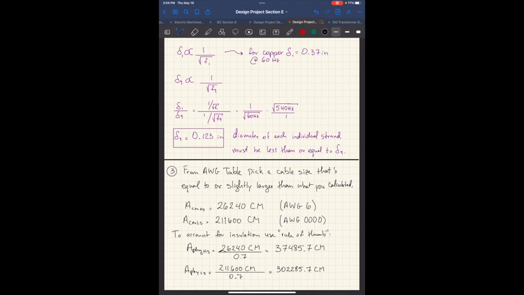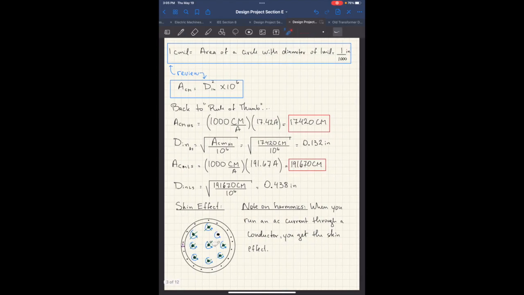Now remember that circular mil is a cross-sectional area. It's not a diameter. So we need to find the diameter of the cable with this additional insulation factor. To do that, we're going to use the formula that we discussed over here.